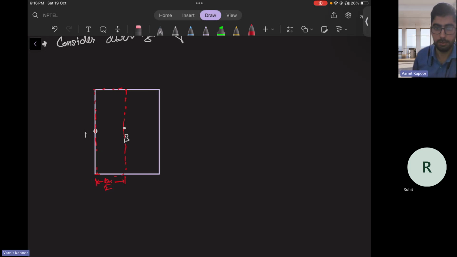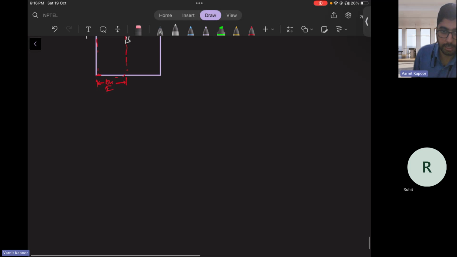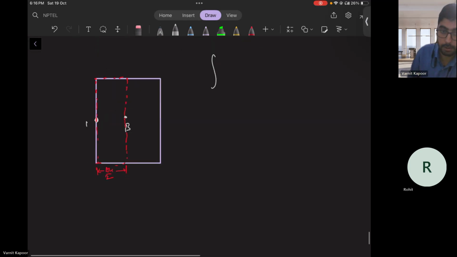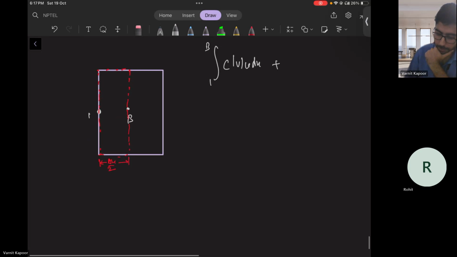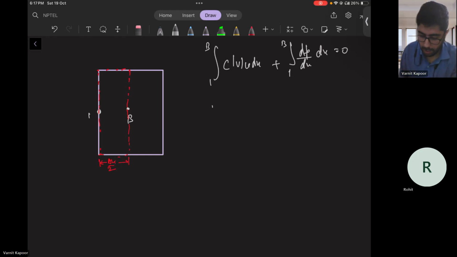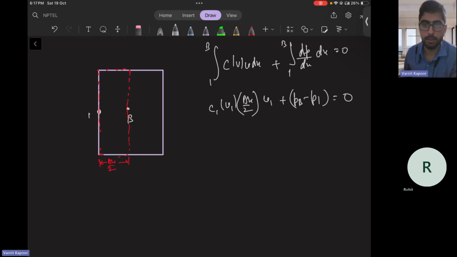Let me do the integration, that is from 1 to B, dP over dx equal to 0, and C1 Q1 del x by 2 U1 plus PB minus P1 equal to 0.